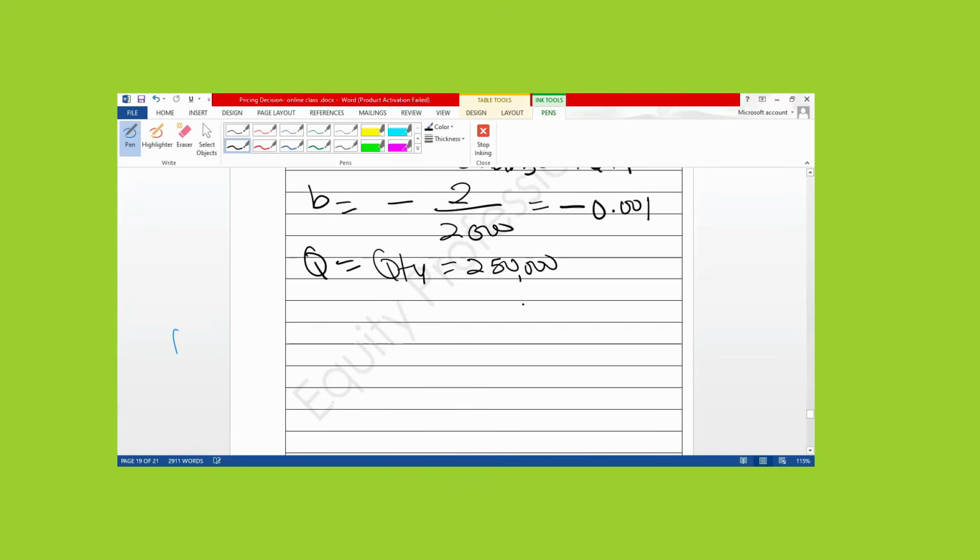You have to get your price equation first. Your P is equal to A plus BQ.